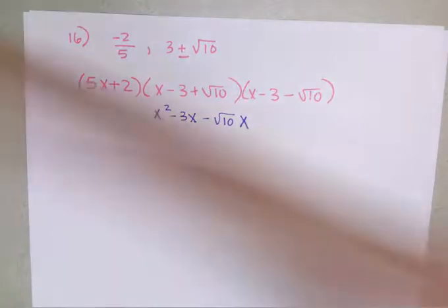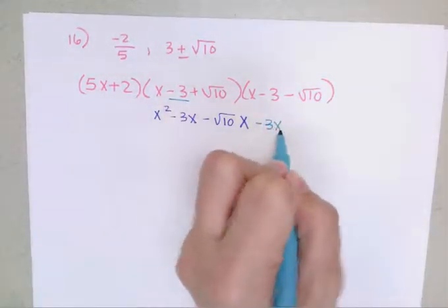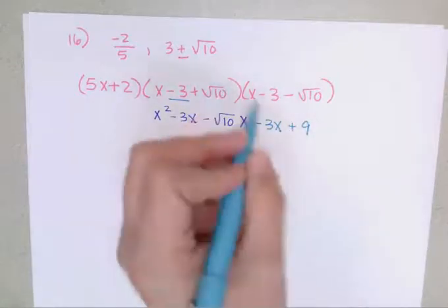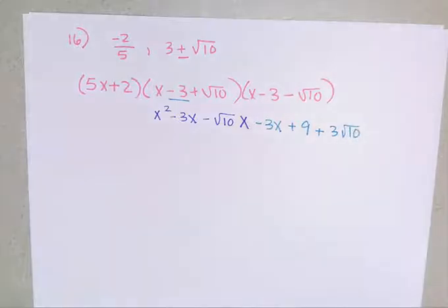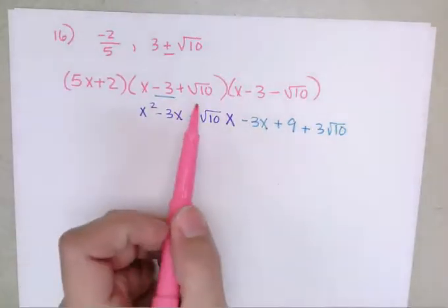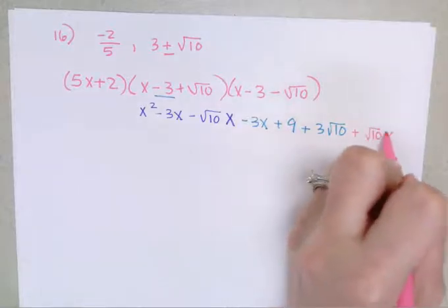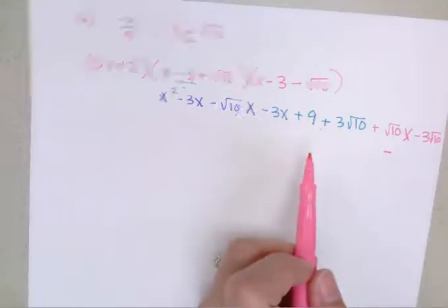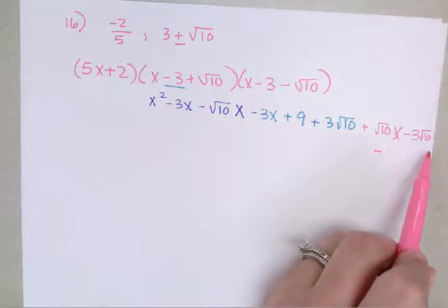Then multiply each piece by the negative 3. So negative 3x plus 9 plus 3 root 10. And last but not least, the root 10 times each thing. So root 10x, root 10 times negative 3 gives you negative 3 root 10.